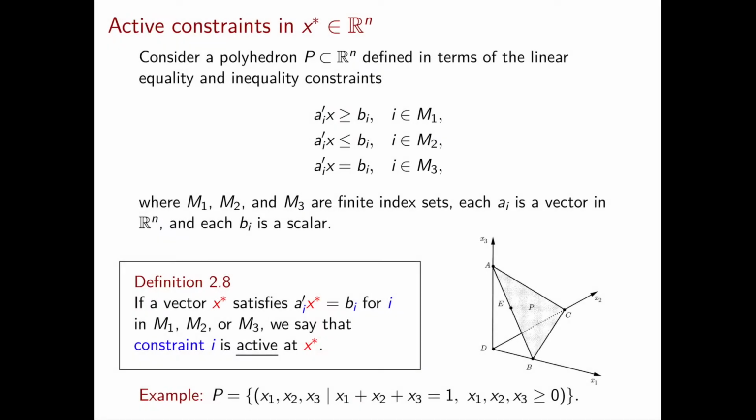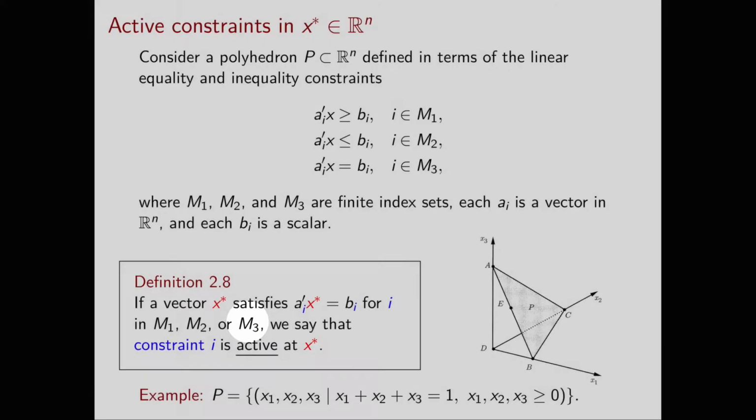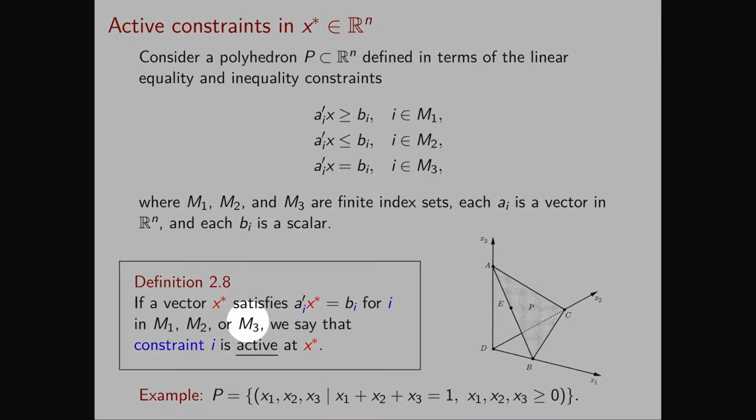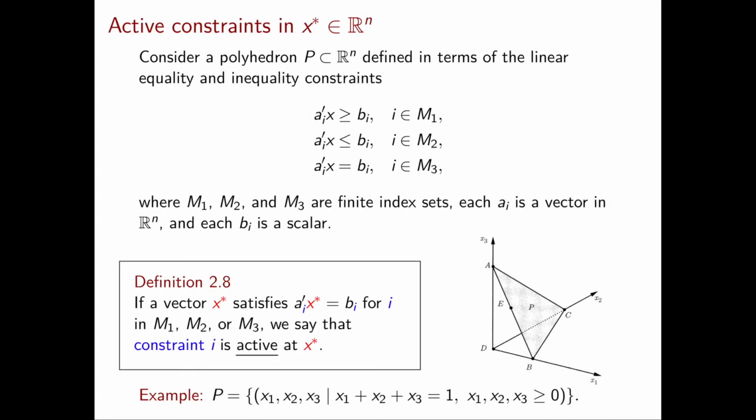So let's get now to our definition. If a vector x star satisfies a_i transpose x star equal to b_i for any i in one of those three index sets, then we say that the constraint i is active at x star.